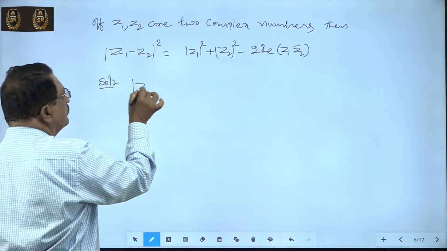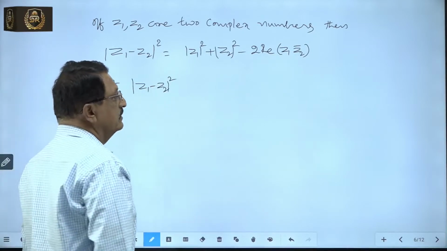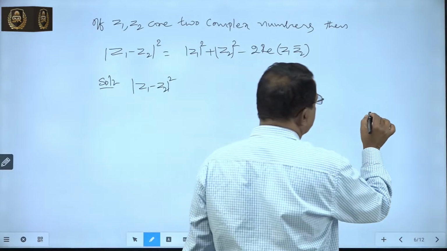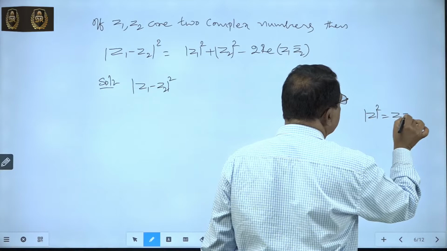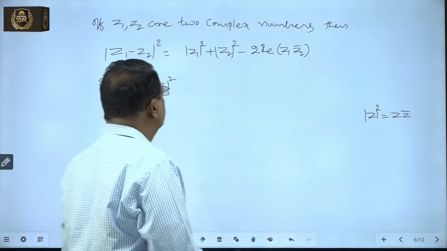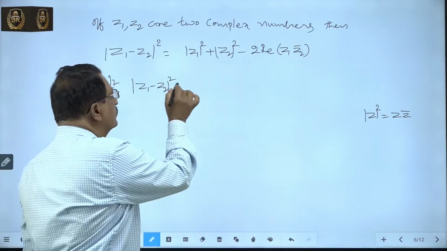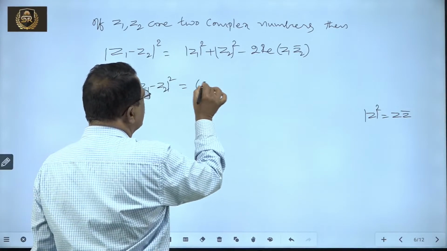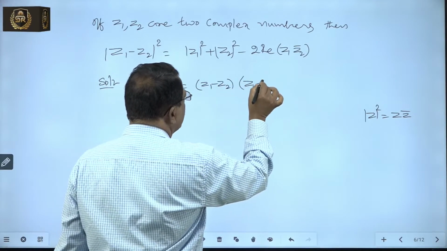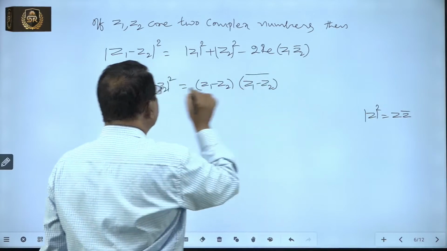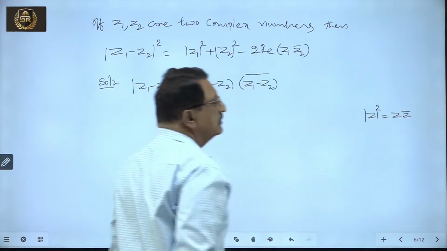Now here, mod of (Z1 minus Z2) whole square. You know from previous conditions mod Z square equals Z into Z bar. Now here Z1 minus Z2 is also a complex number, so it can be written as (Z1 minus Z2) into (Z1 minus Z2) bar, because mod Z square equals Z into Z bar.